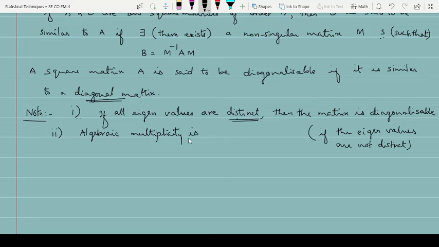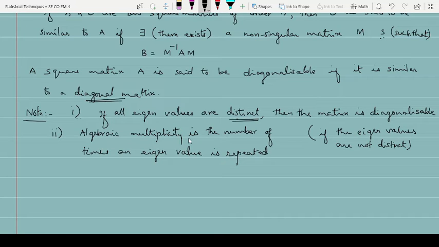It is the number of times an eigenvalue is repeated. That is the algebraic multiplicity.